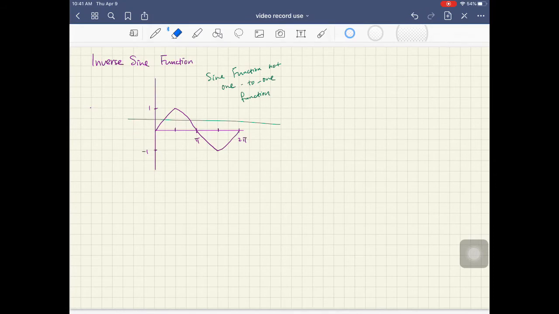So what we have to do for the sine function in particular is trim the original function to a particular region that has its own identification, and that is going to help me find the inverse function.